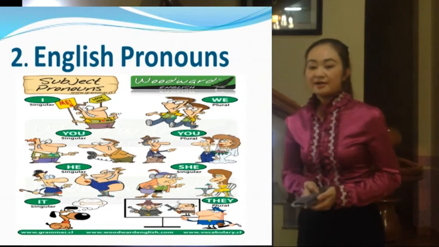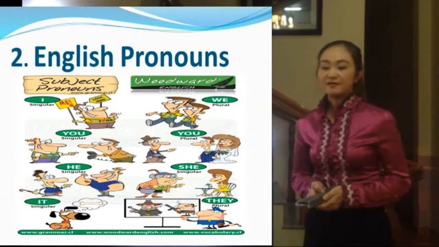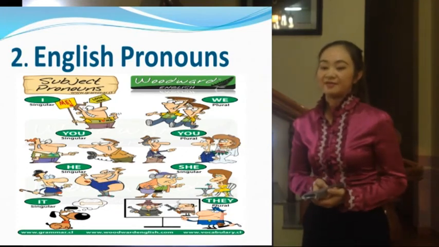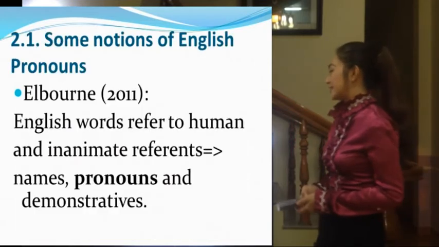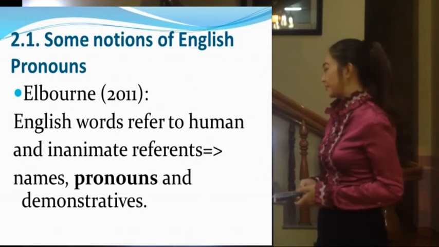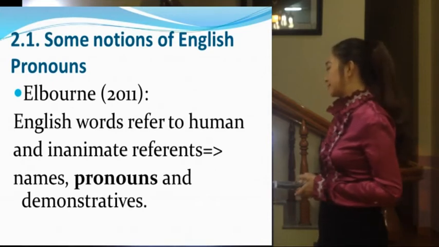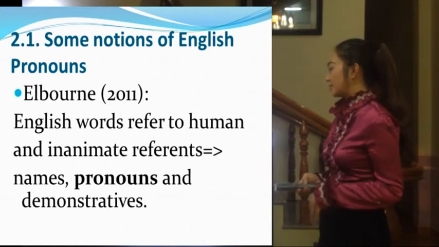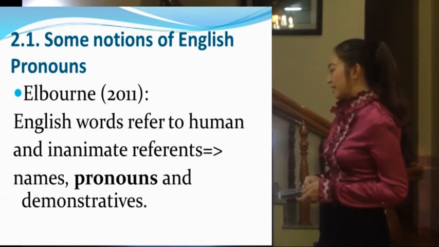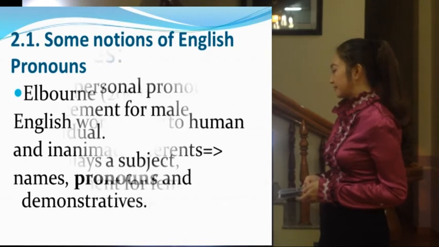Now, I'd like to move on to the next part to discover what an English pronoun is. Albans defines that the English language comprises various words used to refer to human and inhuman reference, including names, pronouns, and demonstratives.